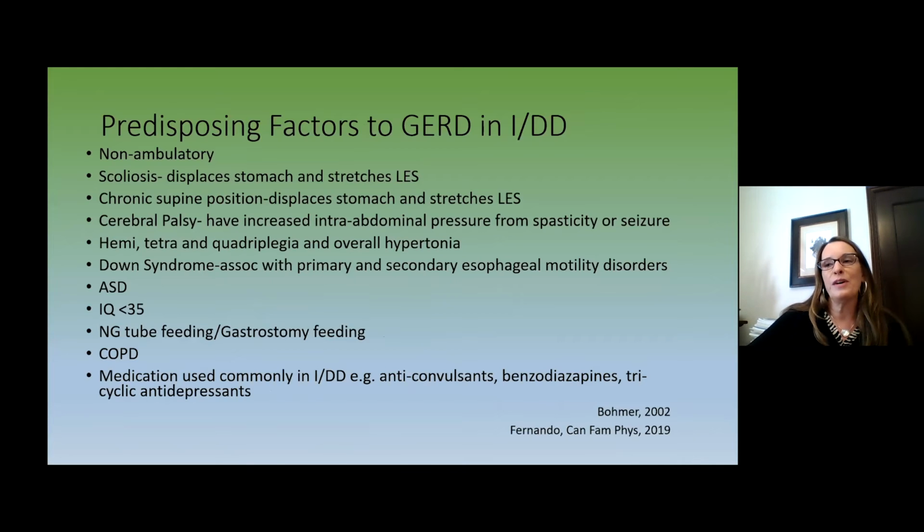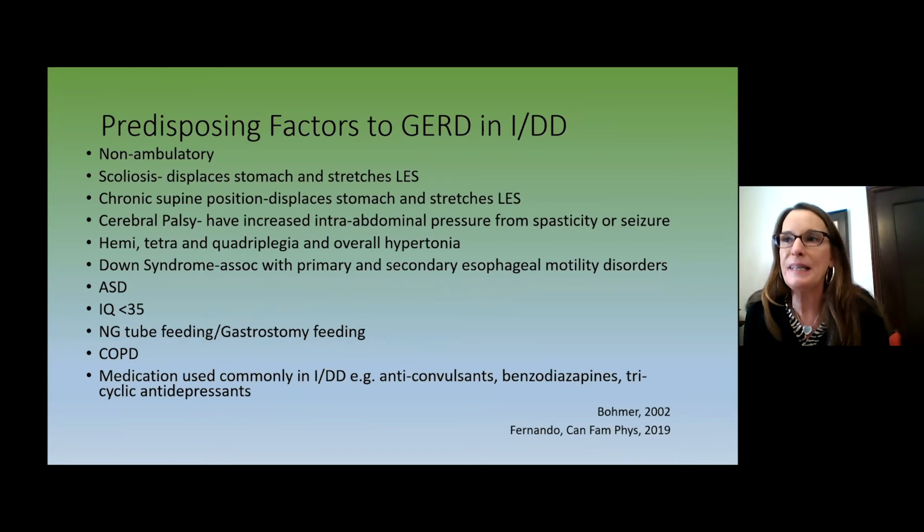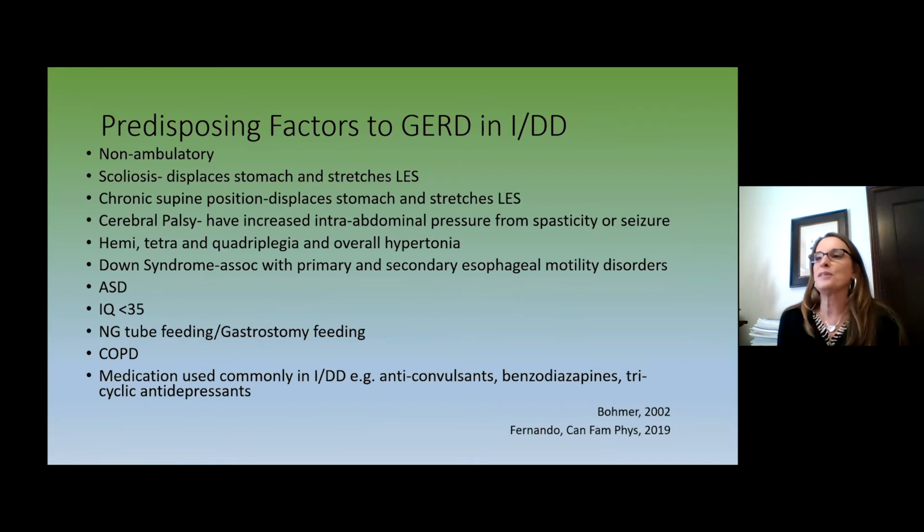So there are a number of predisposing factors that put those with IDD at greater risk for GERD, such as being non-ambulatory, and you can read on this list. But in patients, for example, with more severe forms of CP and other disorders, chronic supine position is common, and it leads to impaired clearance of the refluxate.